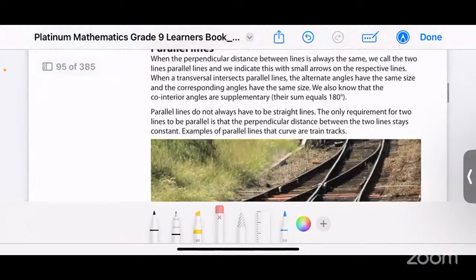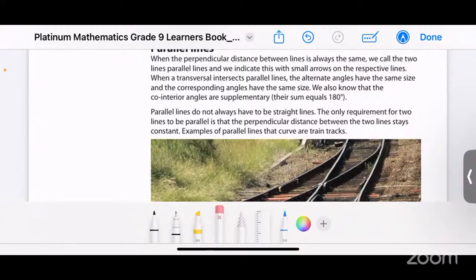Now let's hear about the parallel lines. When the perpendicular distance between lines is always the same, we call the two lines parallel. And we indicate with the same arrows on the respective lines. When a transversal intersects parallel lines, the alternate angles are equal, the corresponding angles are equal.